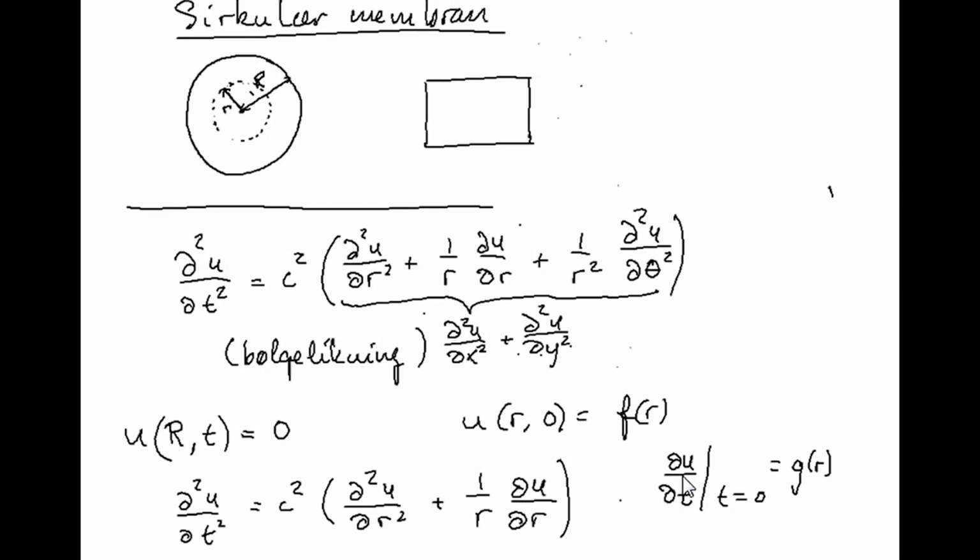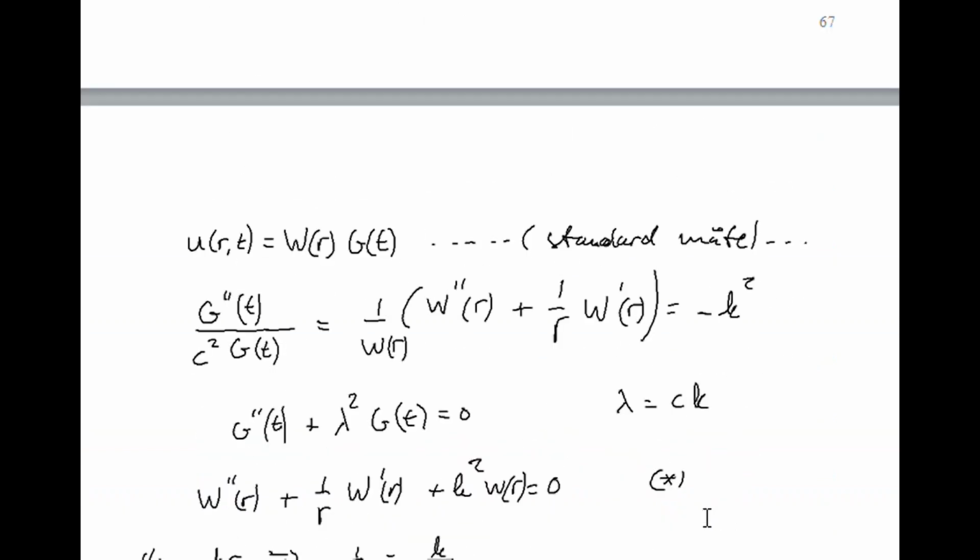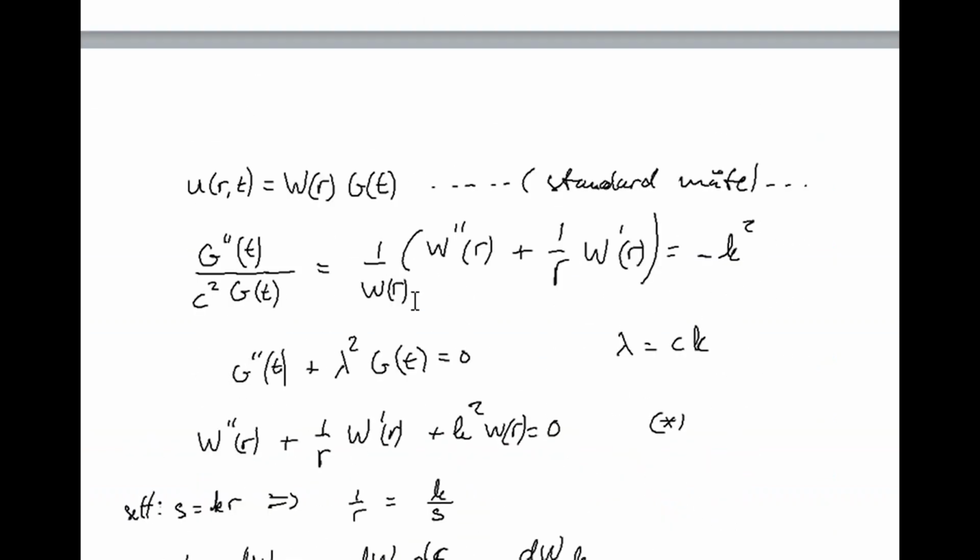In addition, we will assume that the initial velocity is also a function of r. So this is the initial velocity. That is the partial derivative of u with respect to t at time t equal to 0. We proceed exactly as we have done many times before.